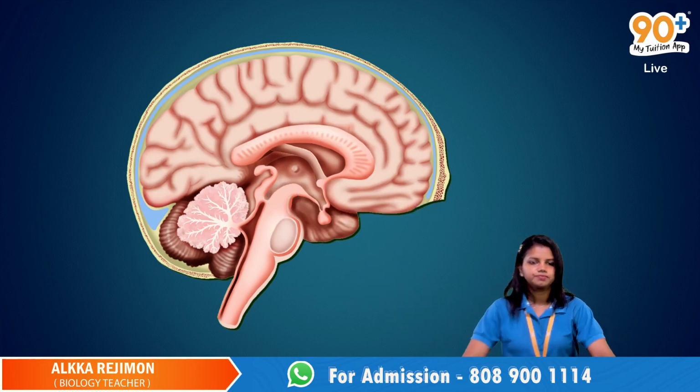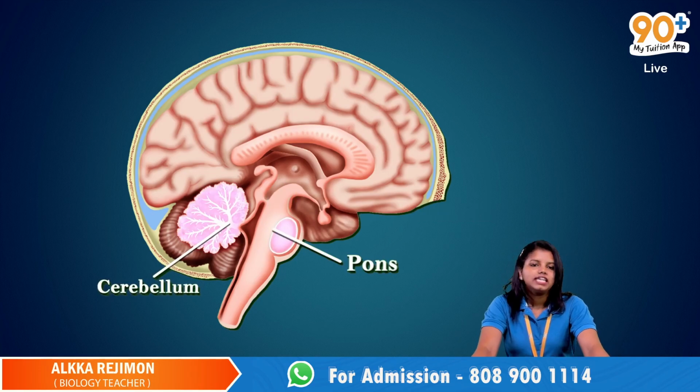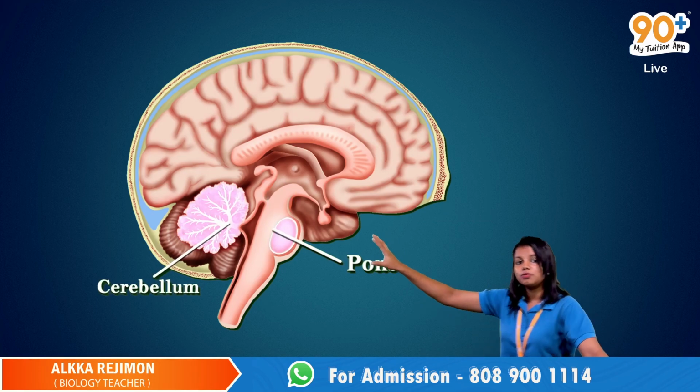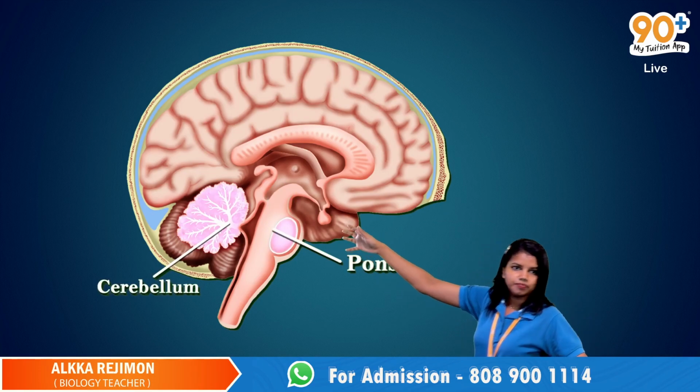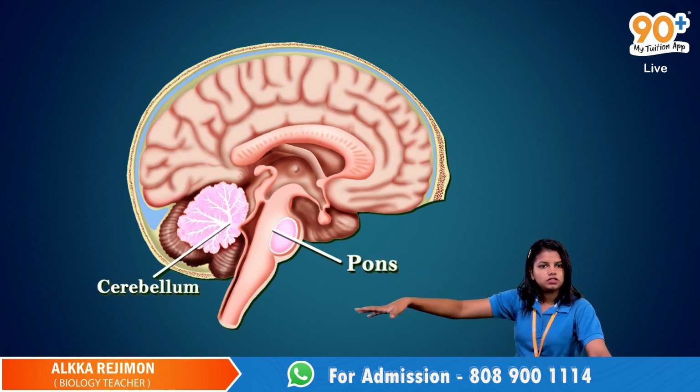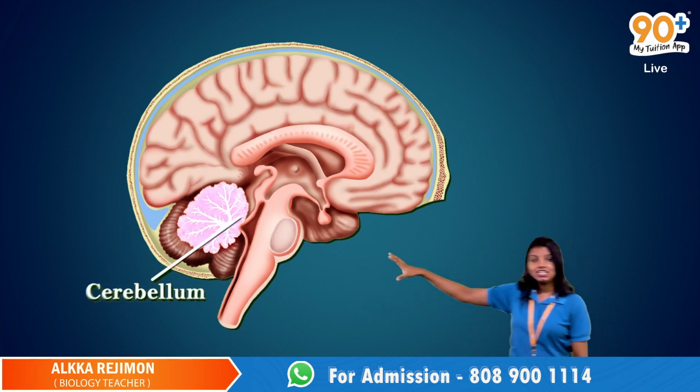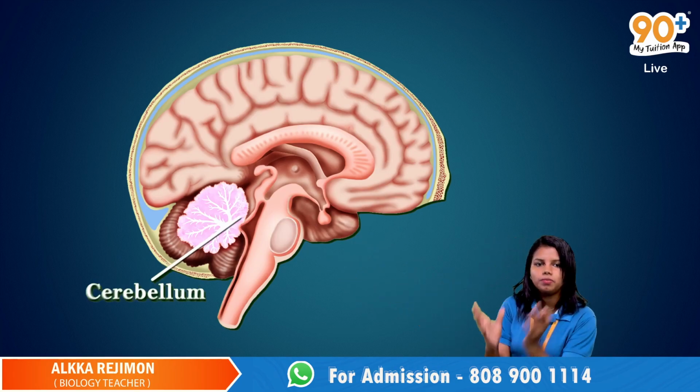And then you can see the small brain inside the brain. Here you can see the cerebellum, which is a small brain inside the brain.